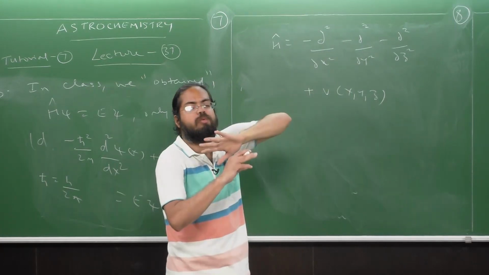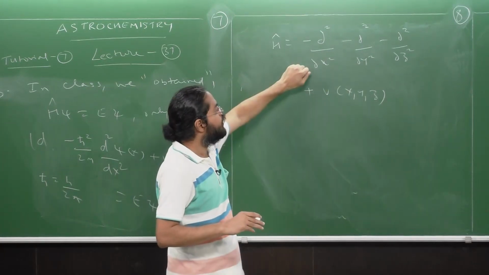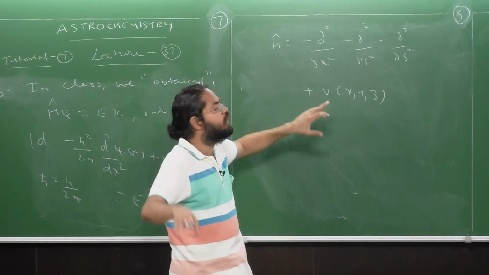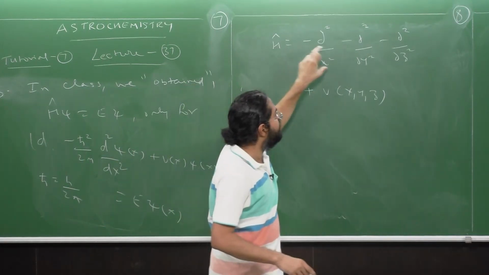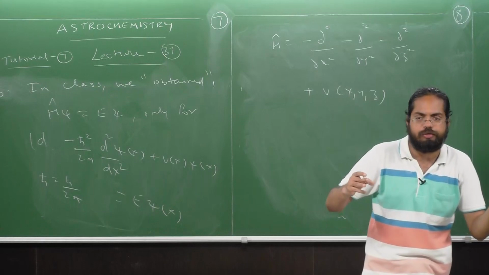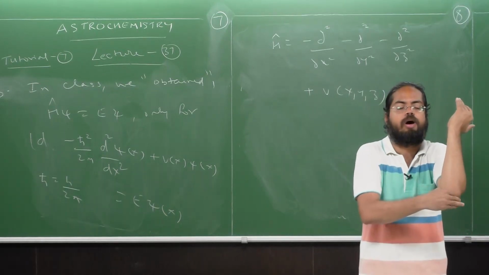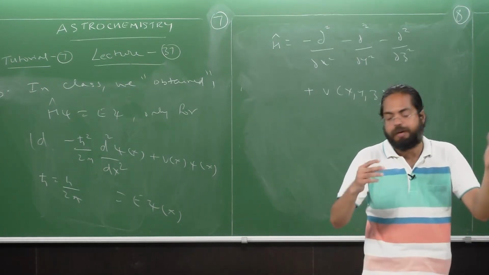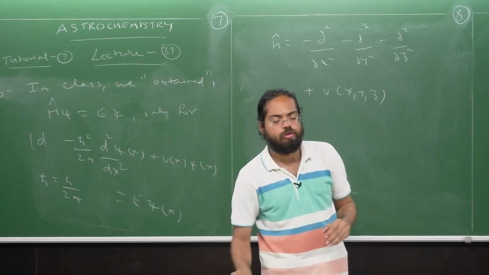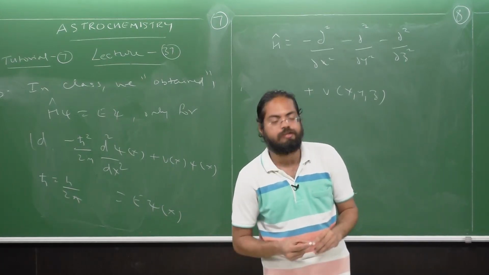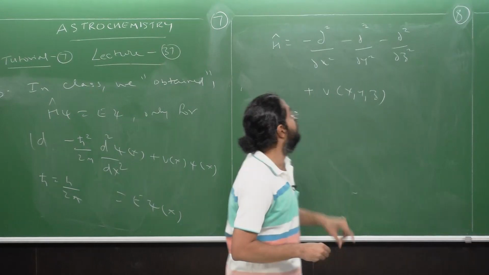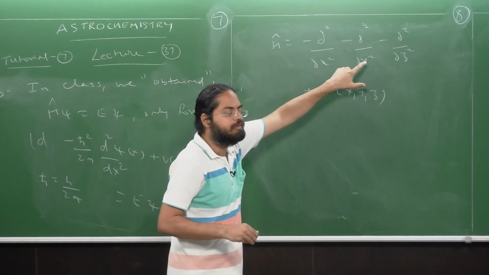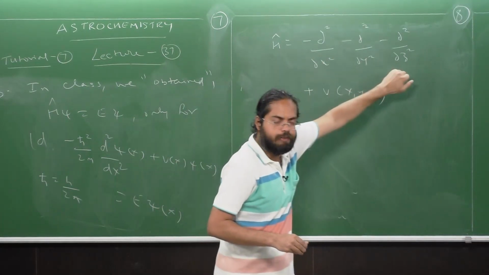Let's not worry about the technical term, but I will briefly explain the logic as to why we can separate x, y, and z individually. It is because motion along x, y, and z directions are independent from one another. So because the motion along x, y, and z directions are independent of one another, there will be 3 independent kinetic energy terms along x, along y, and along z.